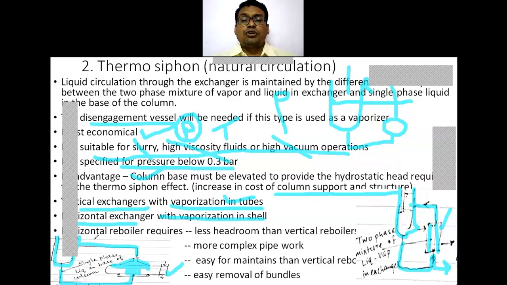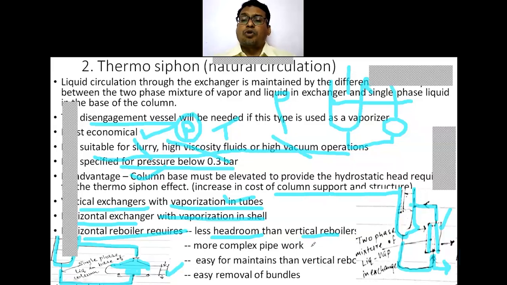Now this horizontal reboiler requires less headroom as compared to the vertical reboiler, so we can adjust the height difference. Headroom के लिए चाहिए height difference delta H, so that the fluid will be moved by its own.